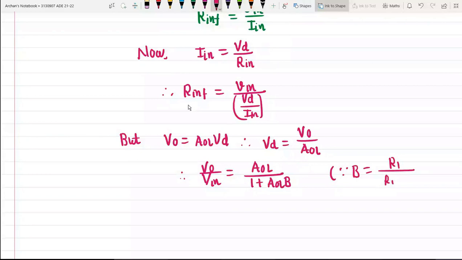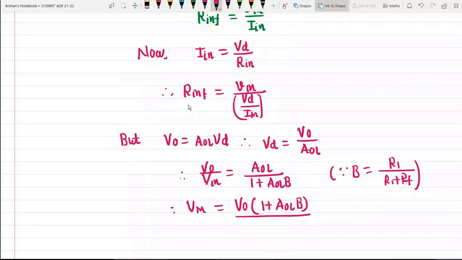It is nothing but the feedback path gain. So Vin will be equal to V0 into (1 plus AOL times B) divided by AOL.